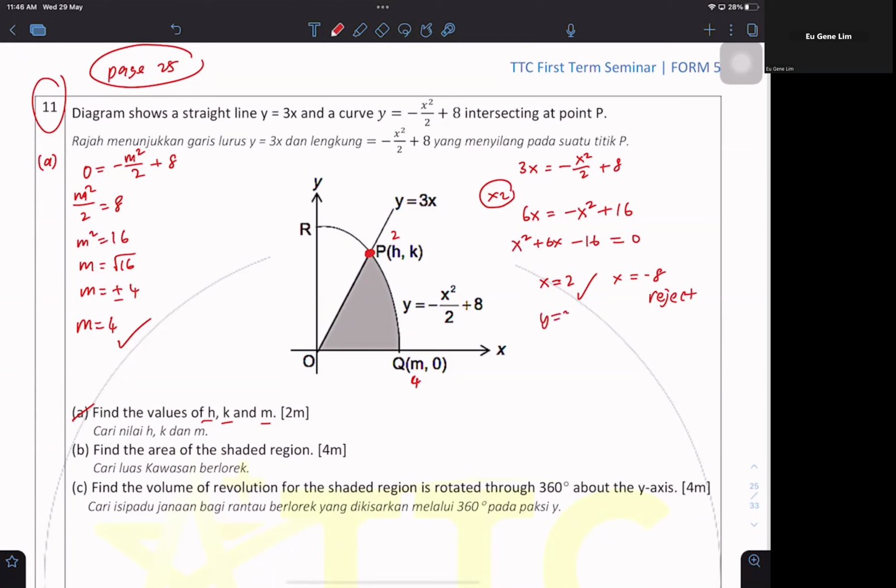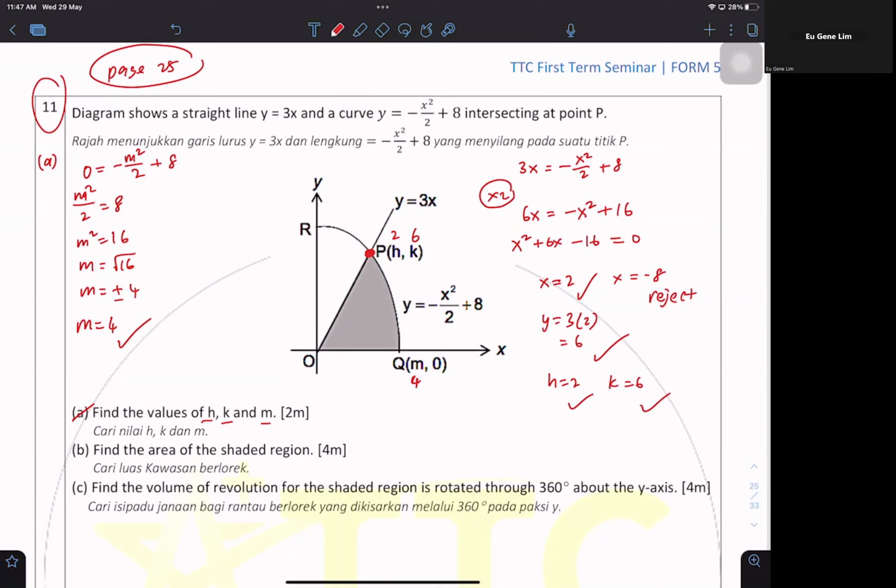So y equals 3 times 2, which is 6. Very good. So the y is 6. So actually, h is 2, k is 6. Understand?